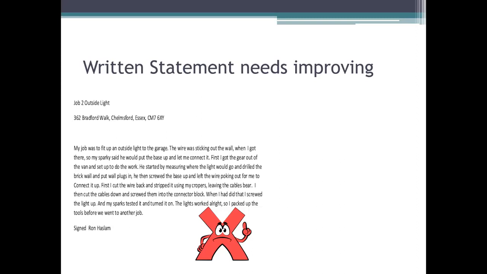There's no reference to PPE, there's no reference to risk assessments, method statements, all of those important parts of actually doing the job. Okay, so I accept this is a particularly bad version of it, but it's not unusual to see that handed in as a statement of work that you'd carried out. And what this does is it tends to leave too many assumptions.